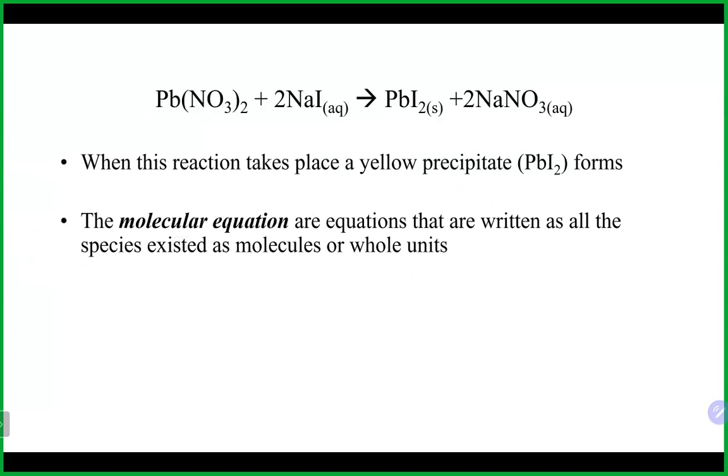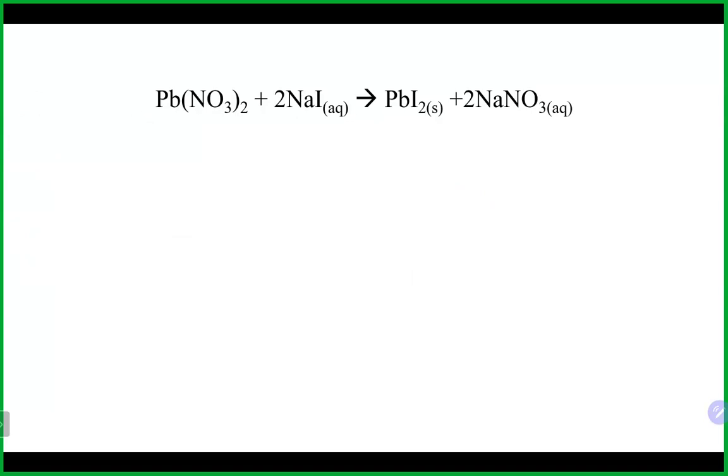This is what is known as the molecular equation, which is basically all the formulas written as we normally would, with this one also aqueous. The molecular equation doesn't adequately describe what is truly going on in the beaker.